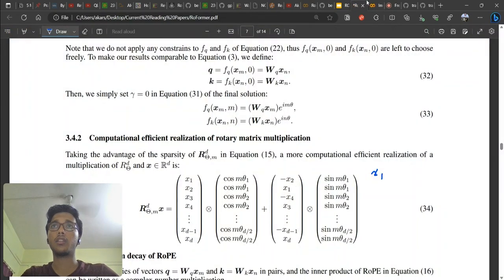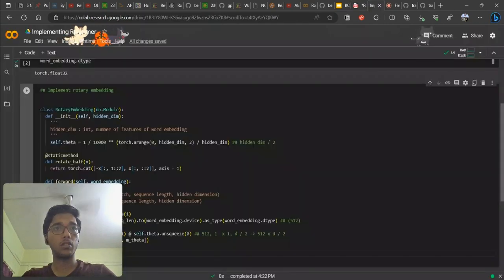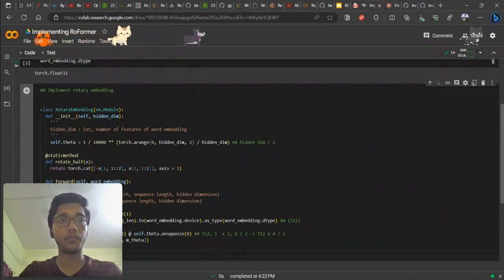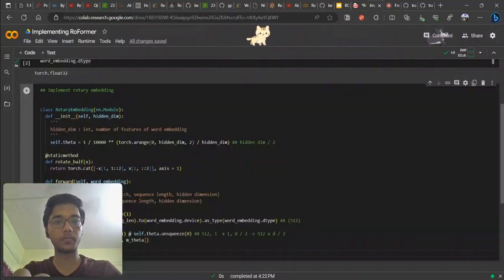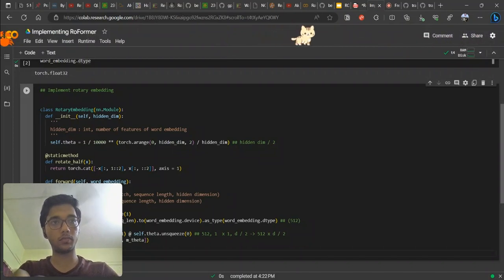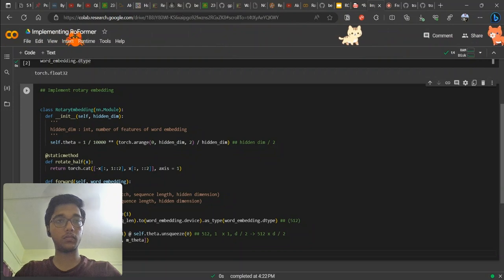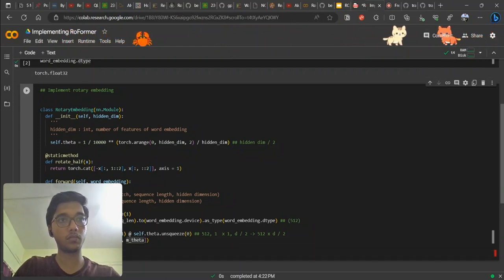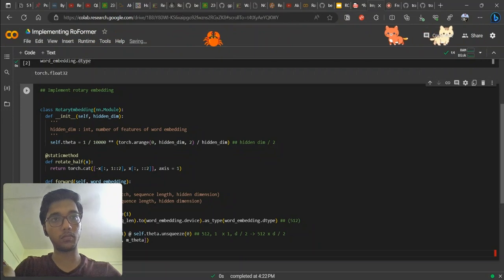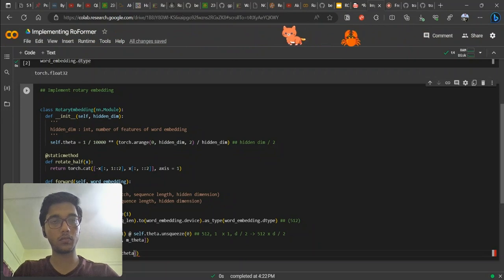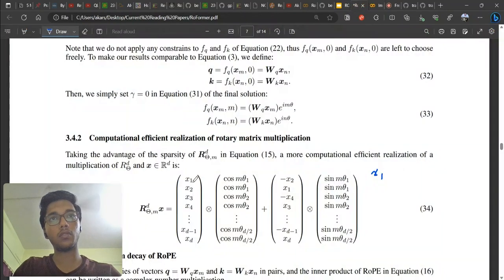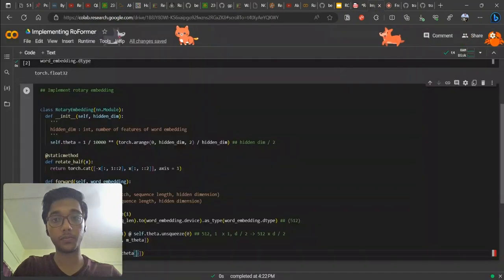So I think this should work then. We would be getting, and now what we can actually do is, a single position.